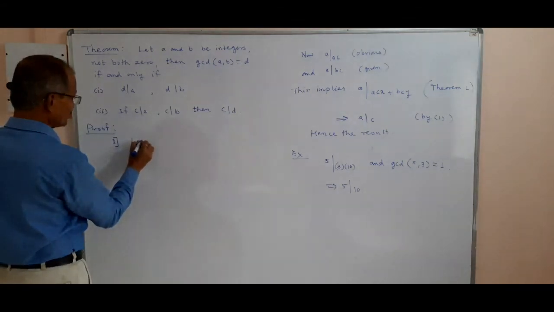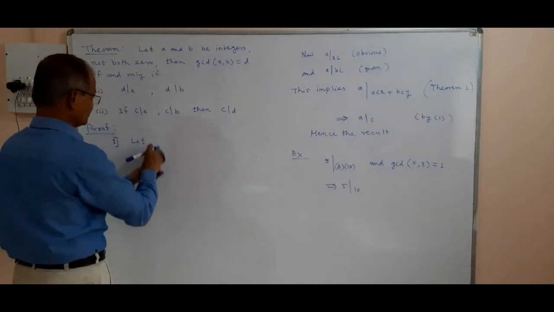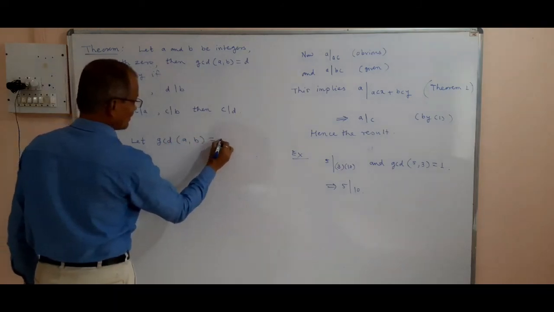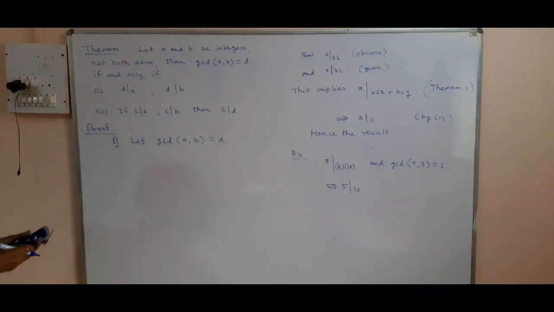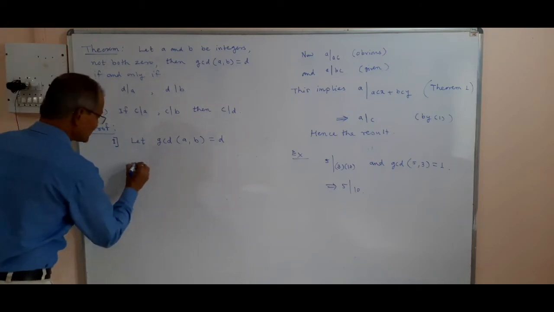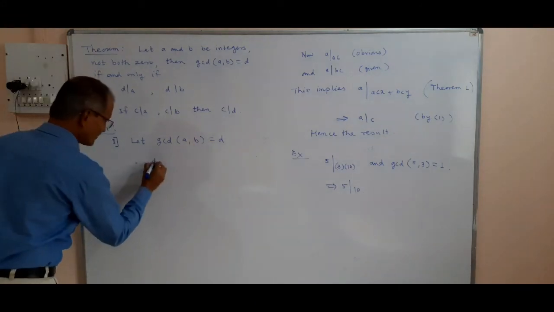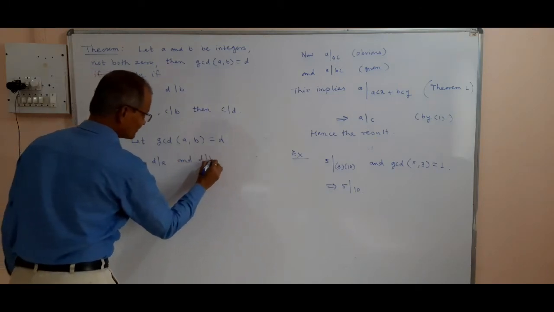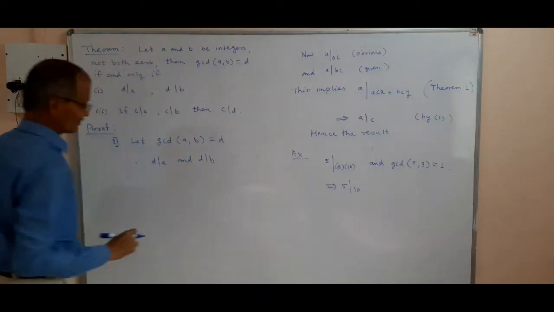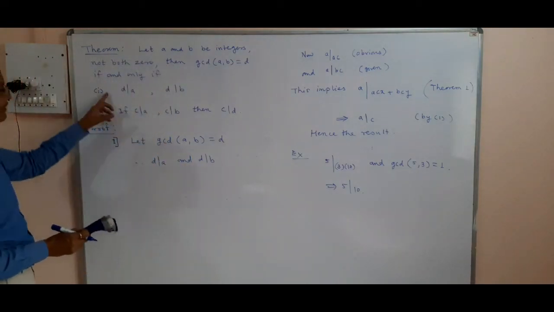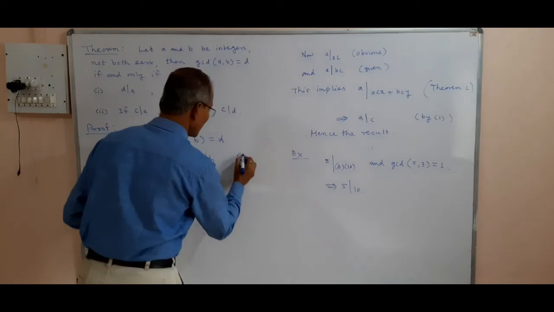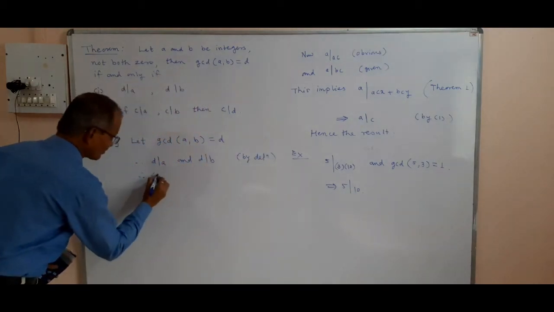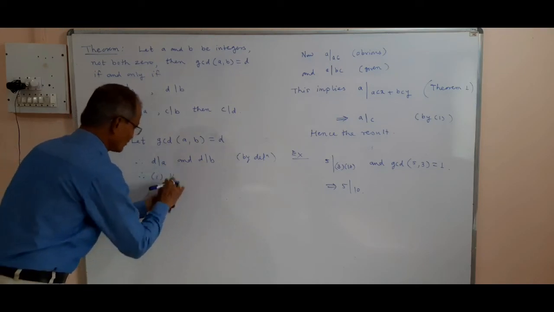Let GCD of A and B be equal to D. So what will this imply? This implies D divides A by definition and D divides B. So the first one holds by definition. Therefore, one is true.